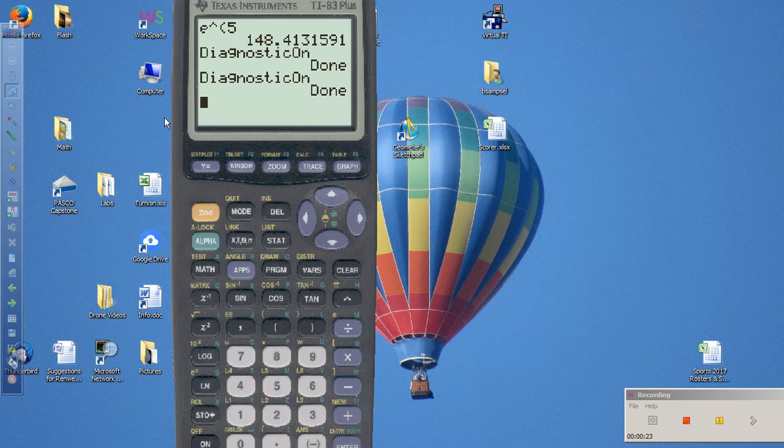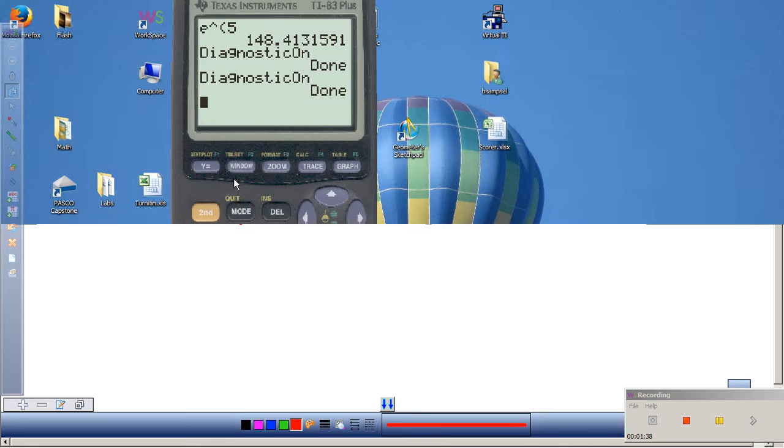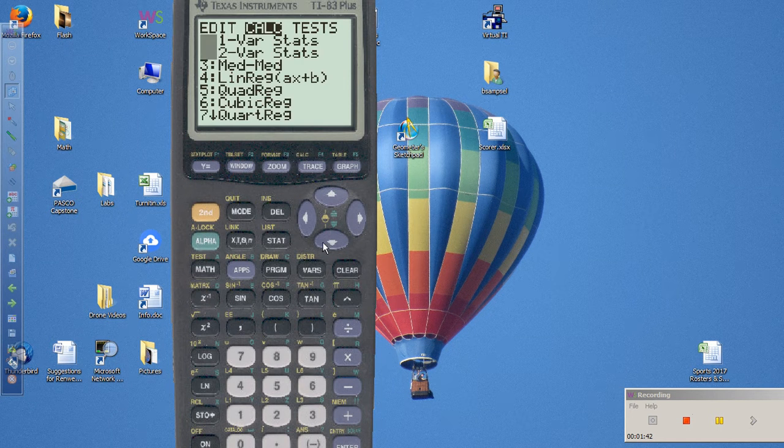Now, the different types of regressions we're looking at. The first is linear regression. If you push stat on your calculator, then calculate, here's our list of regressions we're going to be looking at.